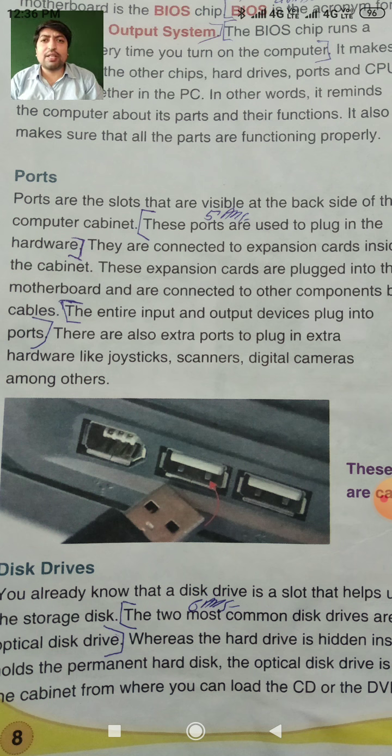Input devices like the keyboard and mouse, we have to attach with the help of a USB cable to the CPU. So for connecting to the CPU, there must be a port available for the input devices to connect.